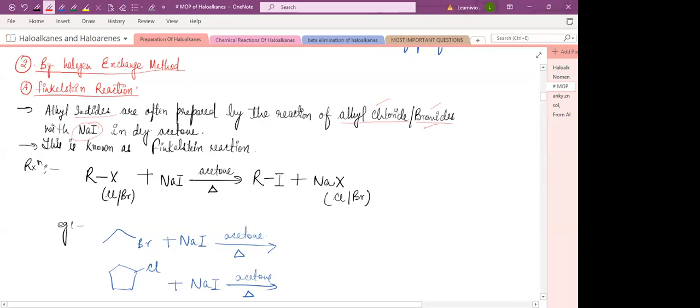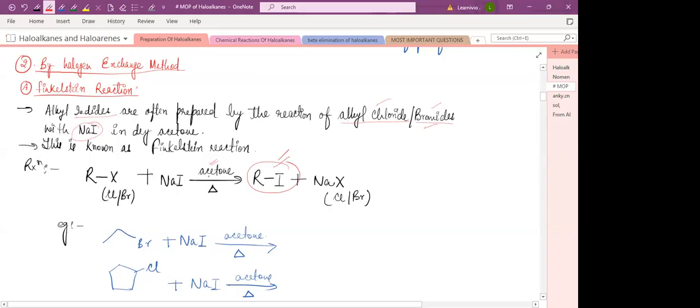Okay, so the Finkelstein reaction is basically the preparation of alkyl iodide. So what do we use? Alkyl chloride or bromide with sodium iodide, in dry acetone, a solvent.